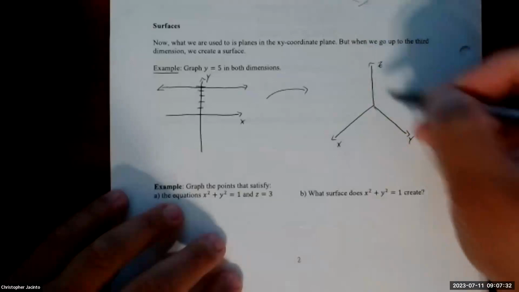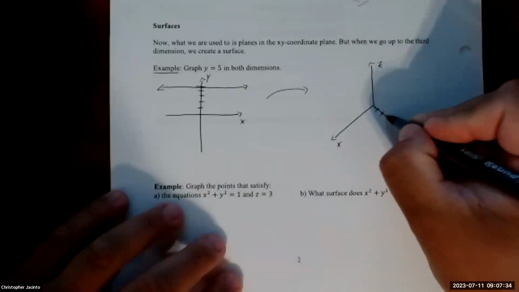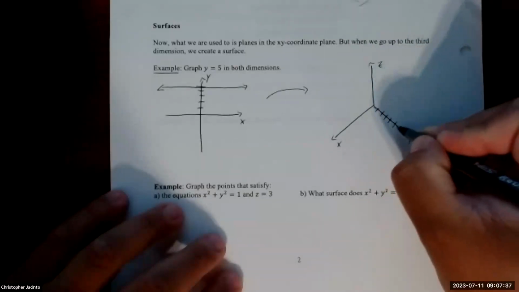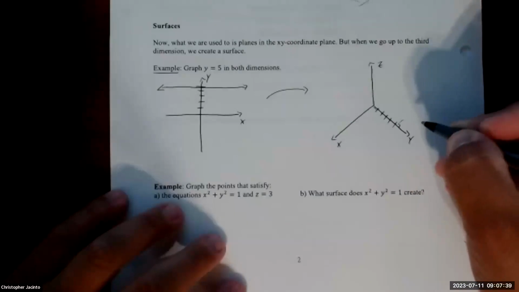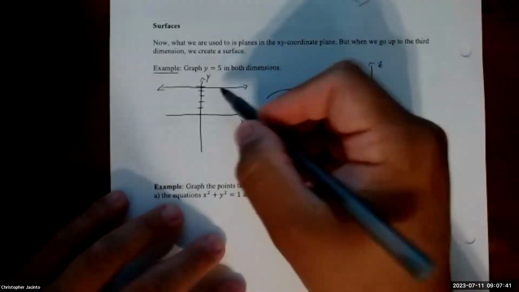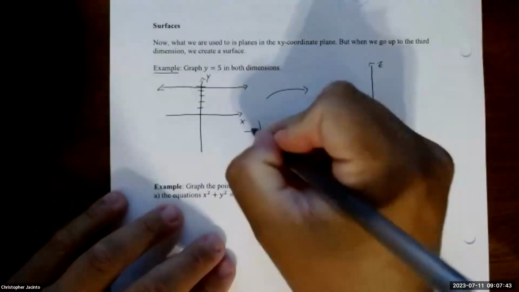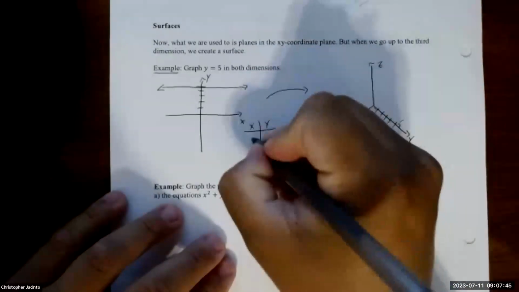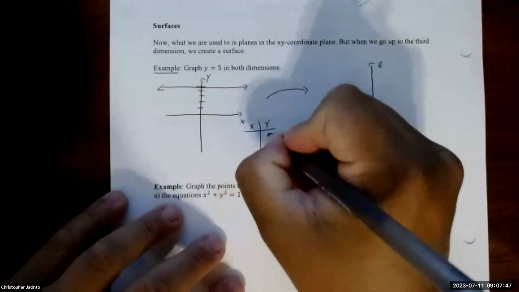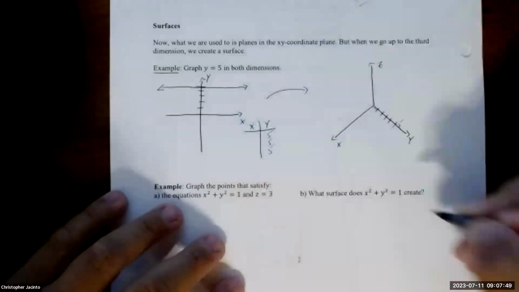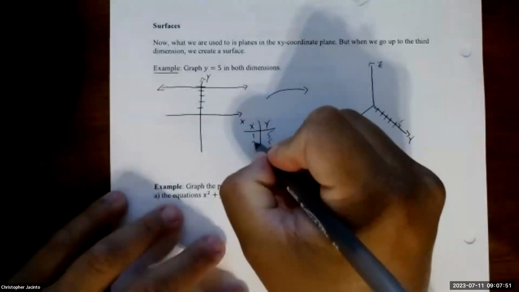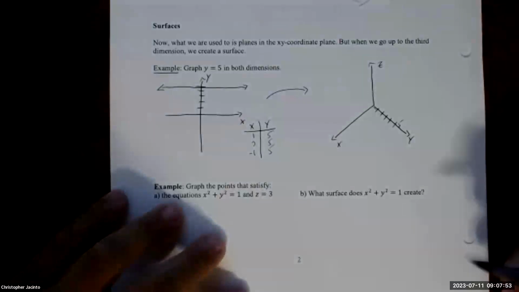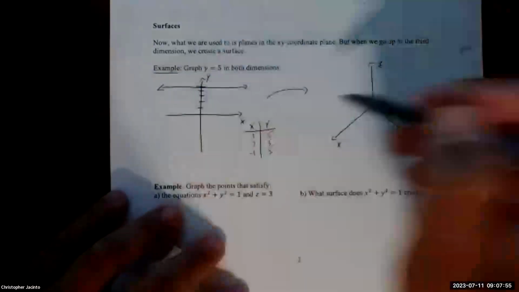Again, we always just graph the positive values. So there's 1, 2, 3, 4, 5. Now, in here, if we do a t-chart, x could be anything it wants to be, and y is fixed to be 5 no matter what. So like (1, 5), (3, 5), (-1, 5), and so forth, because it's a straight, horizontal line.